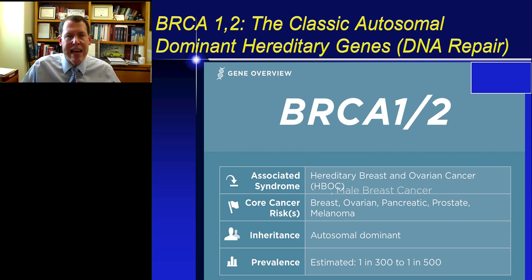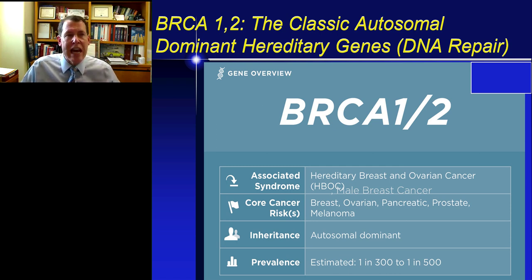So those 5 cancers are more commonly found in people who have a BRCA1 or 2 mutation. Again, it's an autosomal dominant inheritance, and the prevalence in the population is estimated to be 1 in 300 to 1 in 500. So it's not that rare.